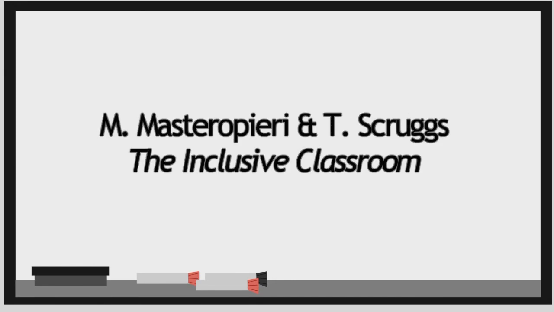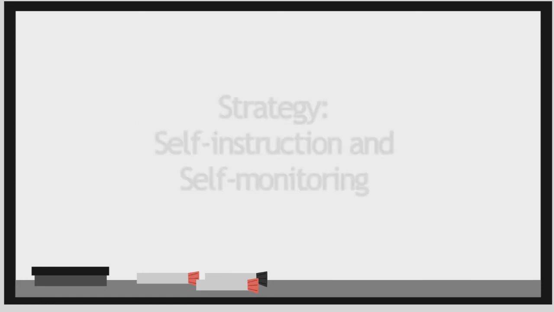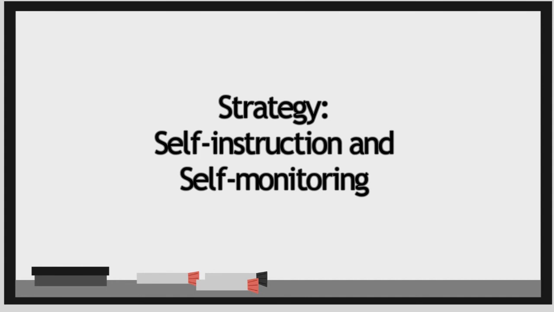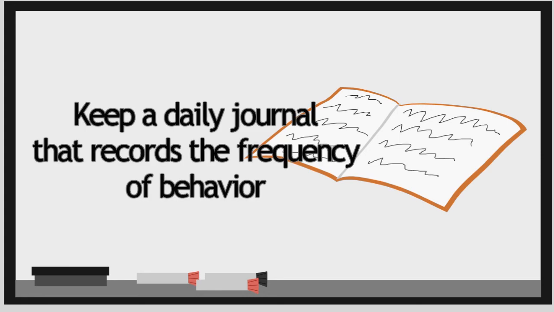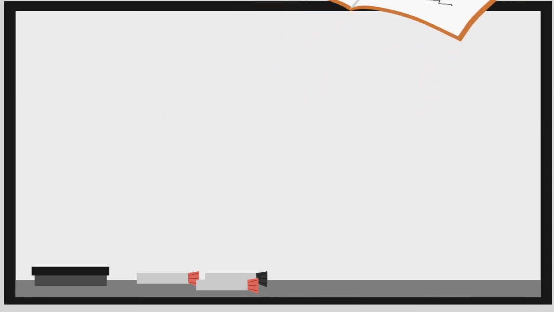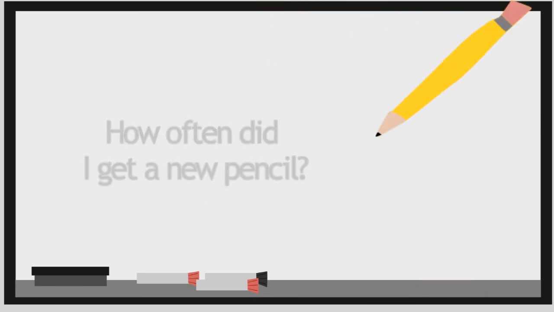In The Inclusive Classroom by Mastropi and Scruggs, it suggests that students with ADHD should make use of self-instruction and self-monitoring techniques. They should keep a daily journal of how often they did something during class. For example, how often he visited the art supply station to grab a new pencil.